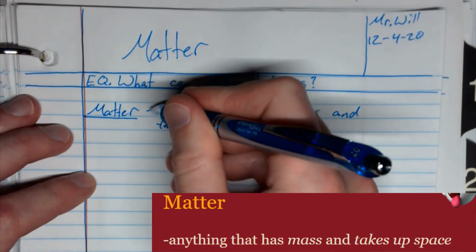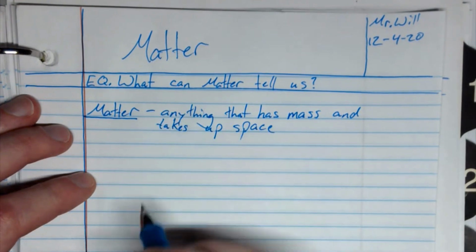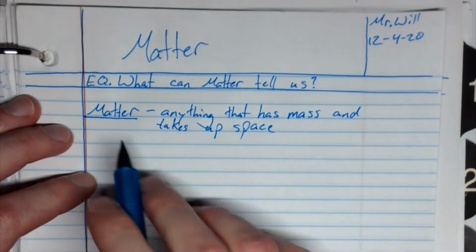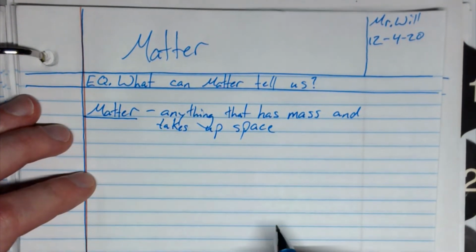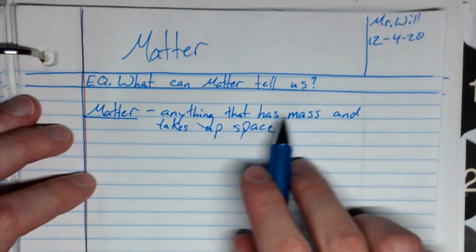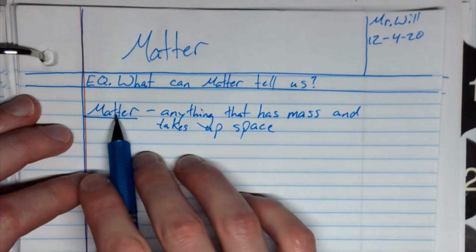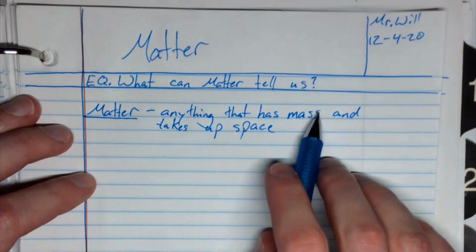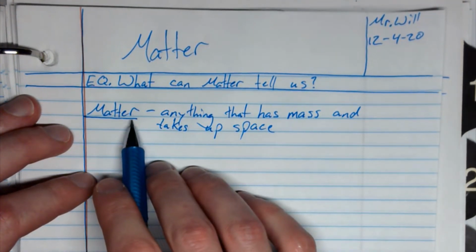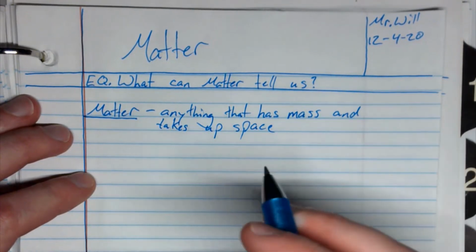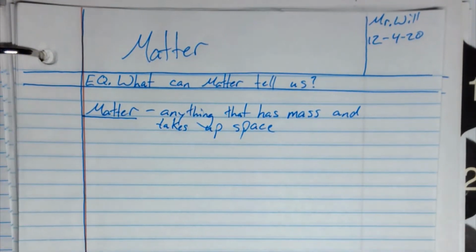Now remember my imaginary line here, I didn't cross that. So my definition is on this side and my vocab word is on this side. So matter is anything that has mass and takes up space. So remember this was kind of the weird one where matter matched with mass and mass was how much matter something has. Anyway, so it's kind of cool.